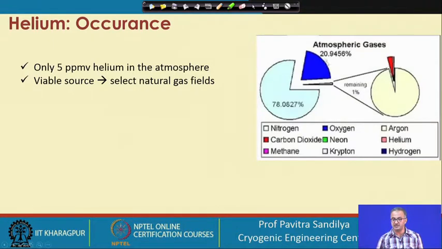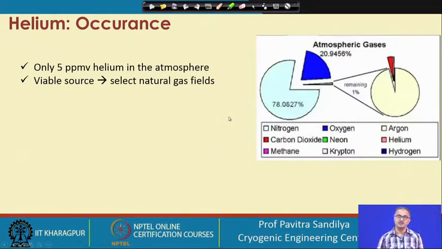Here we see the distribution of the various gases in the atmosphere. The chunk of it is nitrogen, then comes oxygen, and the rest of the gases are here. If we magnify the rest of the gases, we find only a small amount of it is helium.